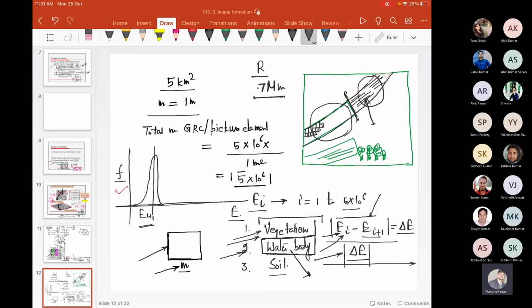Here we can say that there are subclasses of water, and we are categorizing the subclasses on the basis of turbidity, on the basis of the characteristic of water, whether it is clear or turbid.